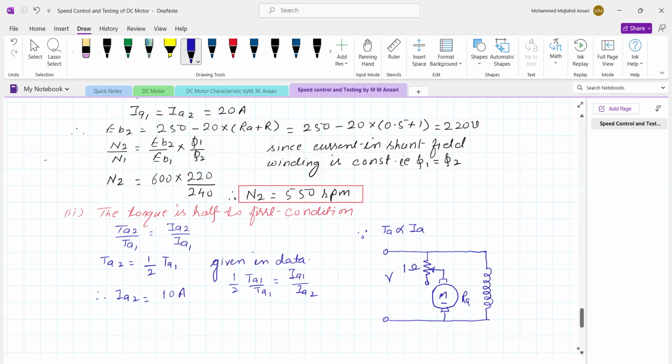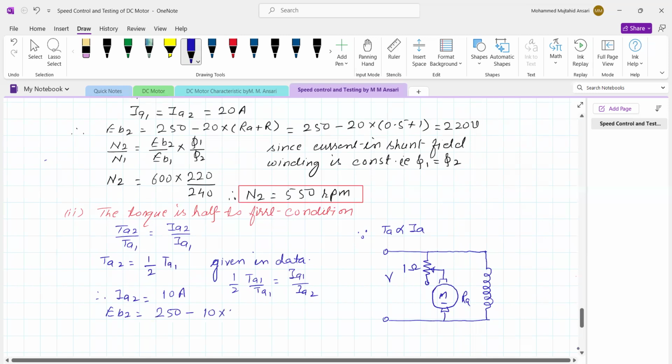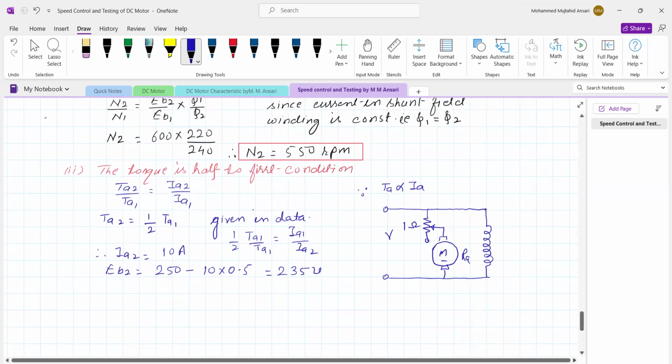So now the new value of back EMF we write as EB2. So it is 250 minus 10 into 0.5, equals 235 volt. Now put the values: N2 upon N1 is equal to EB2 upon EB1.